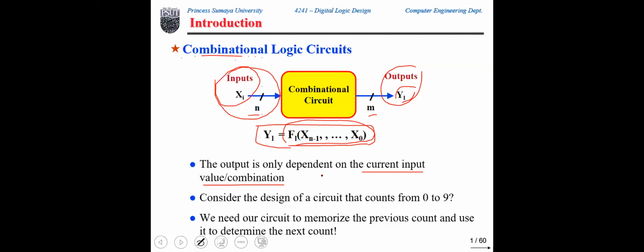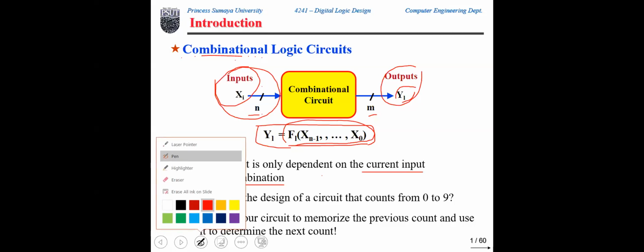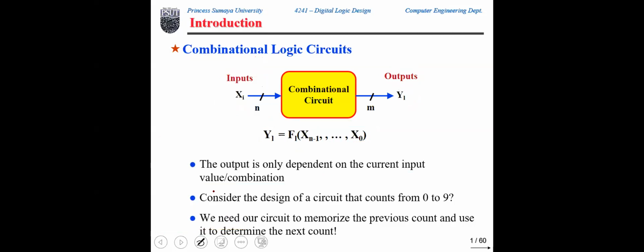However, these circuits might not always be useful. Sometimes the system to be designed is supposed to do something that cannot be achieved by combinational logic circuits. For example, consider the design of a digital system that is capable of counting from 0 to 9, where incrementing the count is based on some external input, such as a switch.